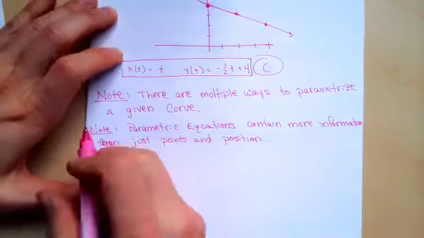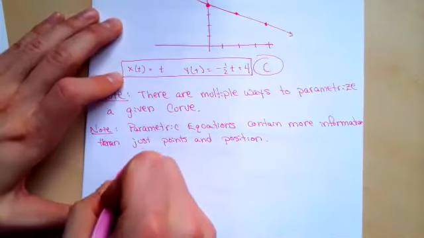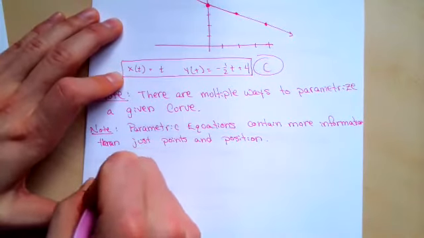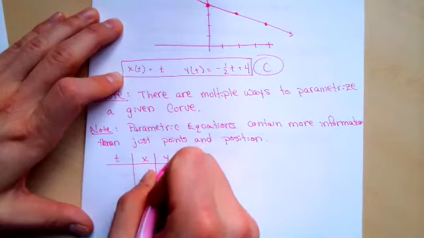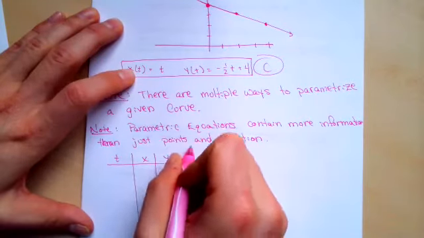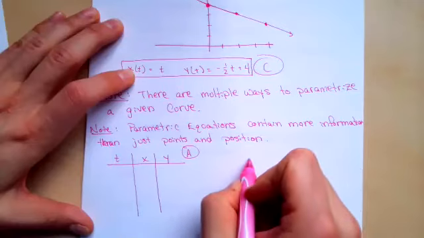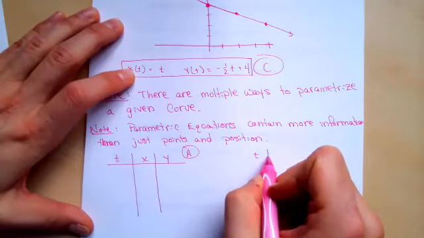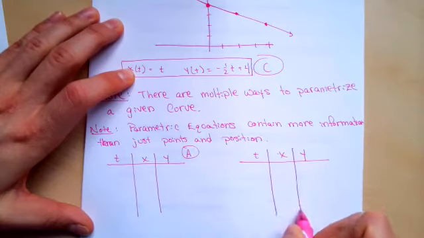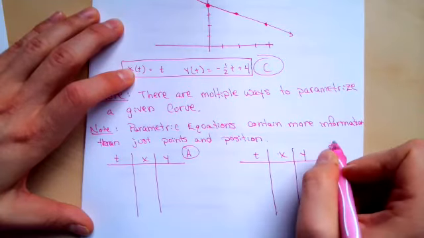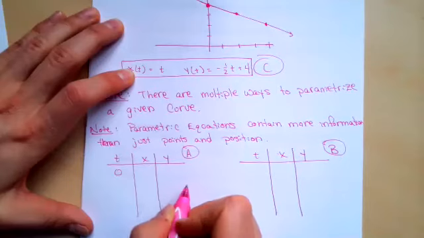Let's draw our table. So we have our t, we have our x, we have our y. Let's call this one for A. Let's then make another one for B. And just do a few points. Namely, let's pick t equals 0.